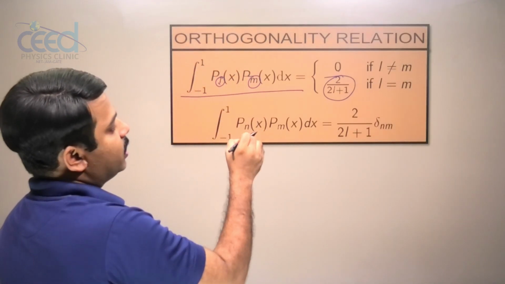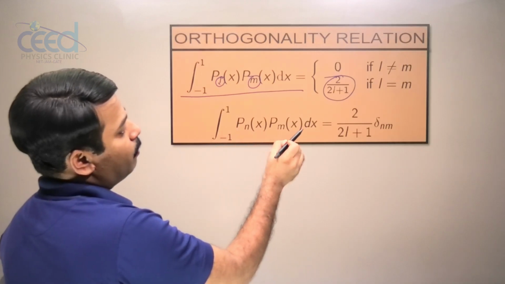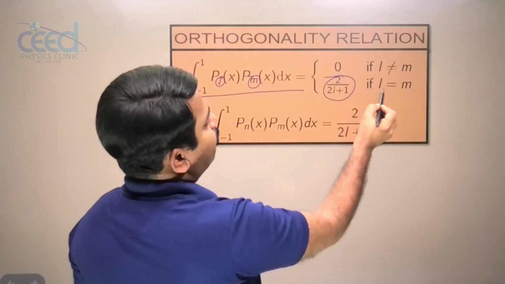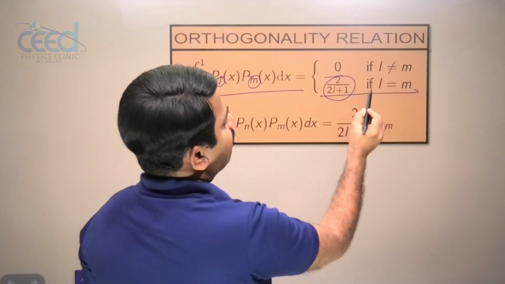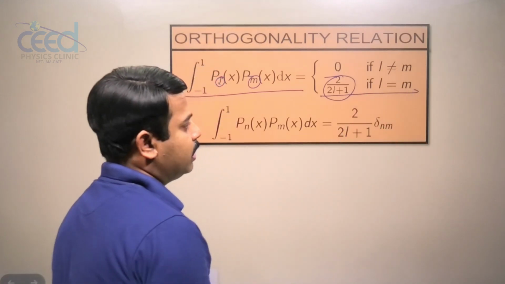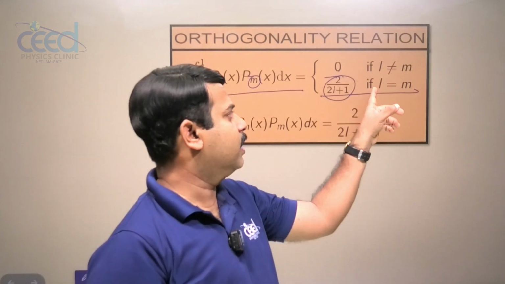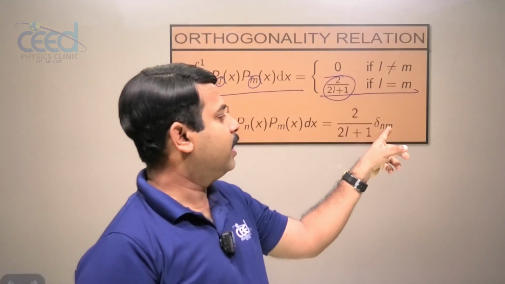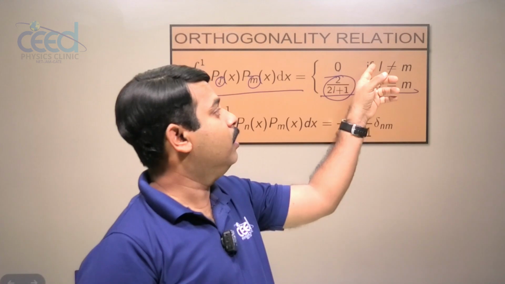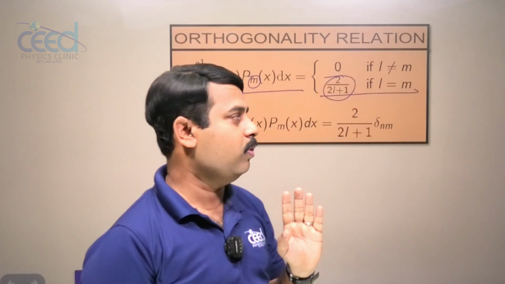Another version is given here: if L is equal to m, you can put the Kronecker delta, that means when L is equal to m the delta nm value is 1. If L is not equal to m its value is 0, right.